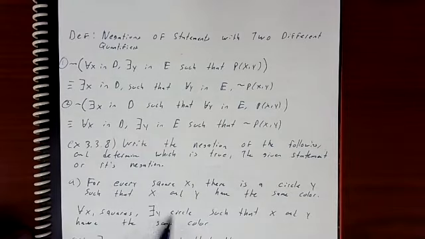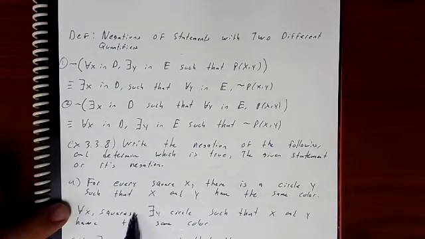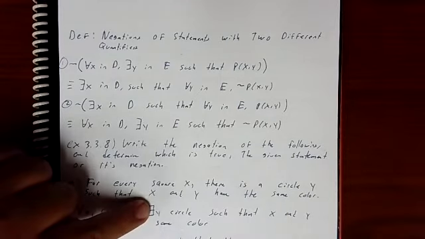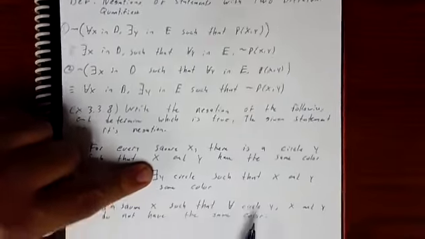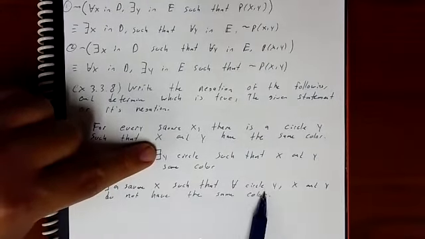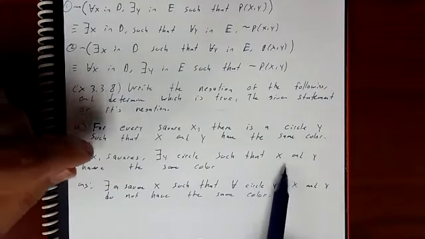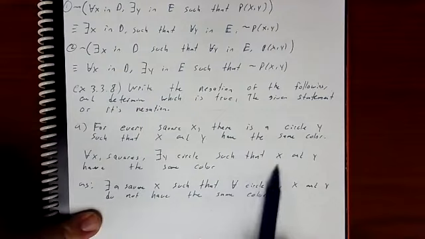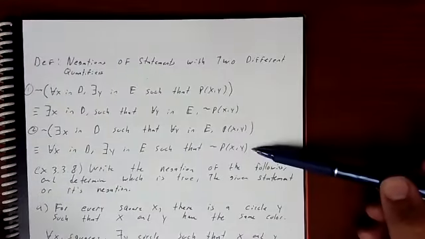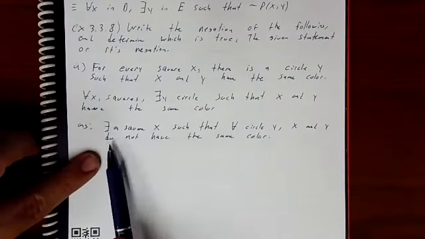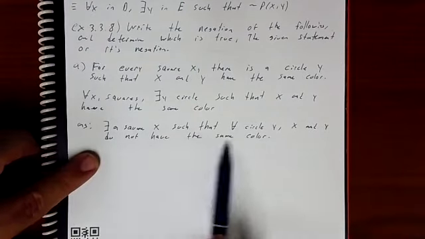Yeah, so we negate this guy, all squares to exists a square, exists a circle into all circles, right? Such that, so this is the P of x part, right? Remember how we said we negate the P of x. So this becomes not P of x, does not have the same color.